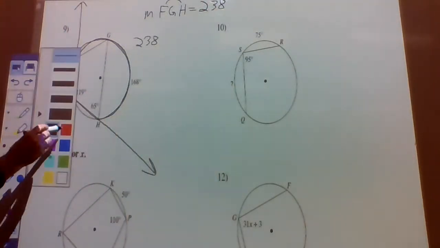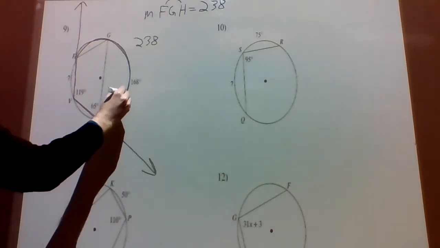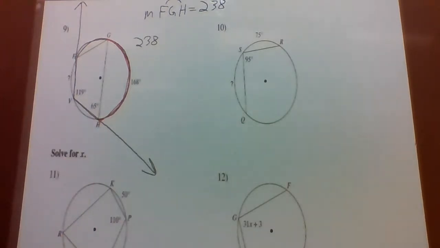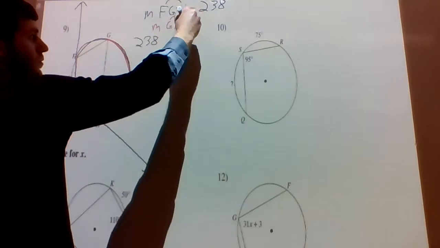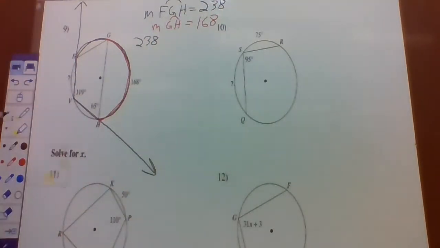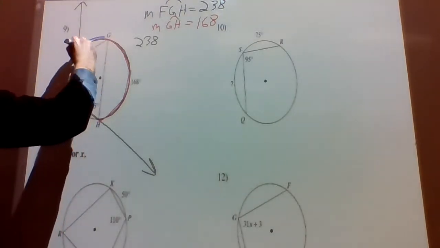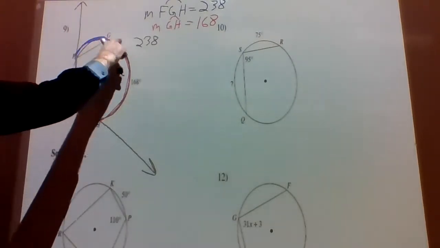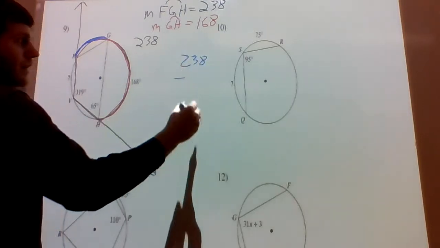Okay, we know this piece here, arc GH. The measure of GH is 168. We need to find FG. To do that, 238's the whole thing, so we need to subtract.